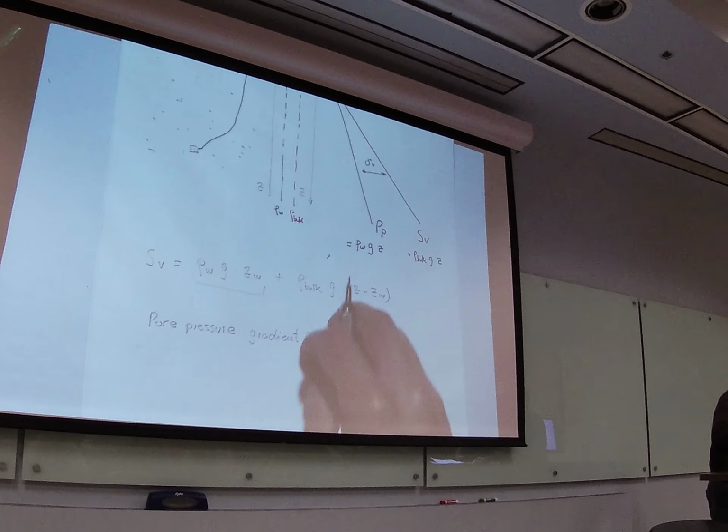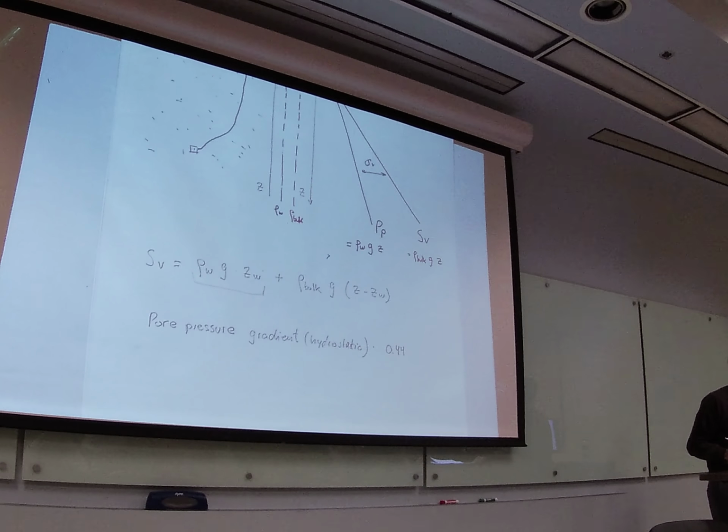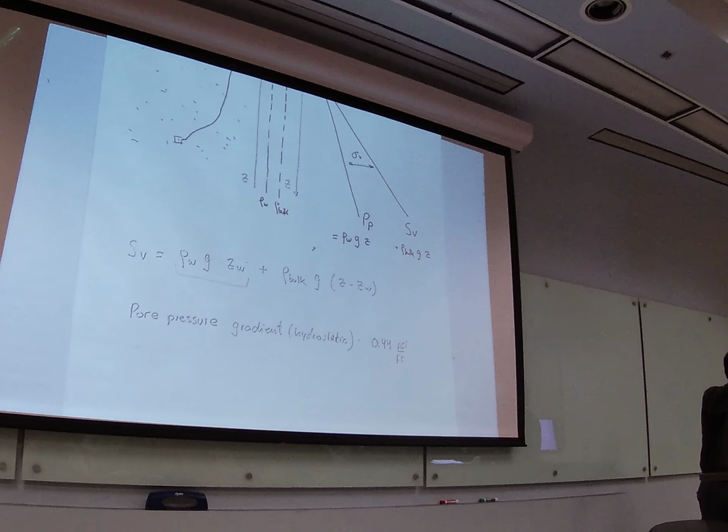What did we say is that value? How many psi per foot? Let's say 0.44. If you do 0.43, I won't complain, okay? So 0.44 psi per foot. I like that you remember that number very well.